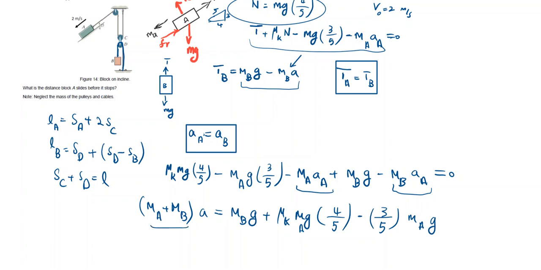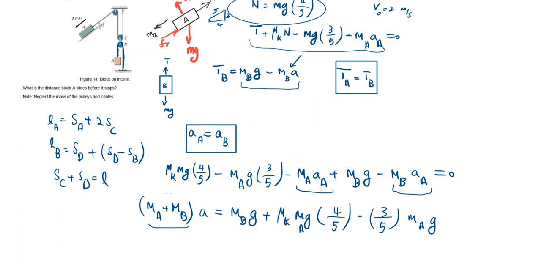So we know that one of them is 50, one of them is 30, and 30 plus 50 is 80. If I just divide the whole value by 80, I will get the acceleration by itself.